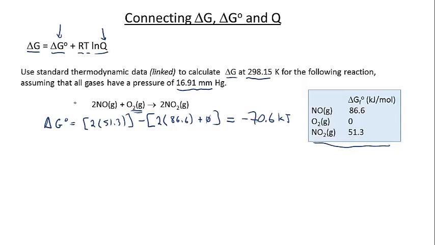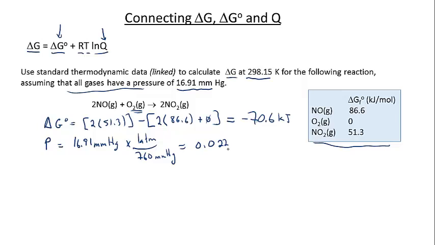For Q, we need to convert everything into atmospheres. So the pressure, and remember all of the gases have that pressure, are equal to 16.91 millimeters of mercury times 1 atmosphere over 760 millimeters of mercury, that equals 0.02225 atmospheres.